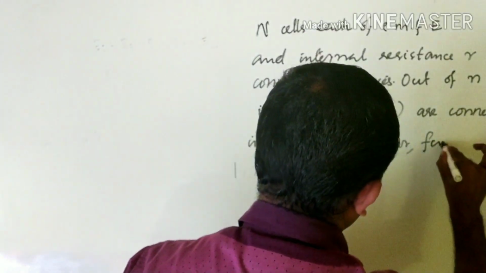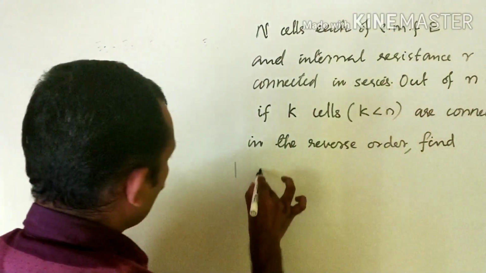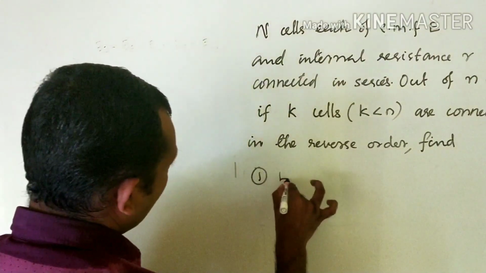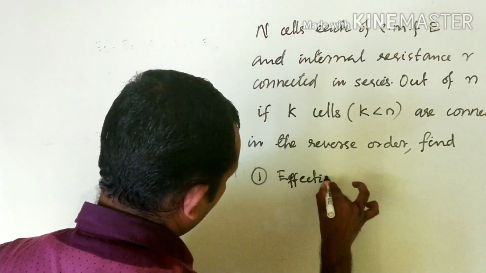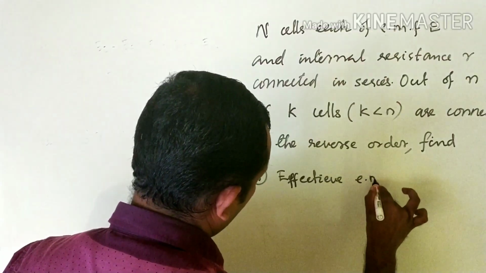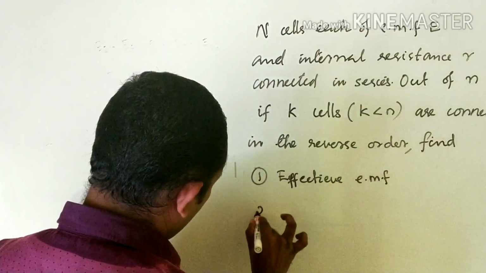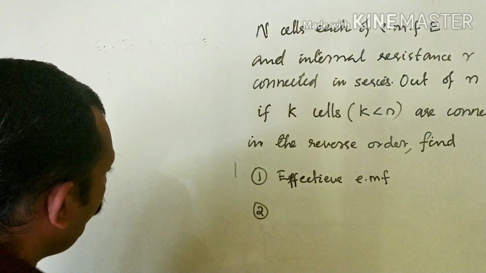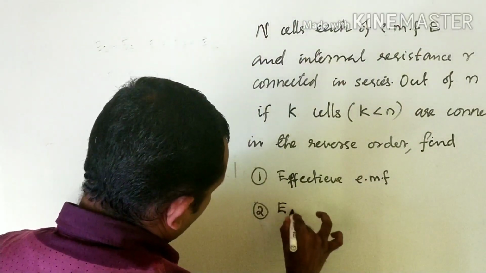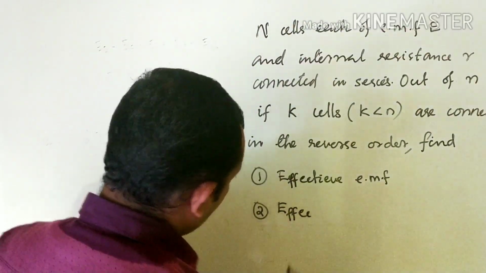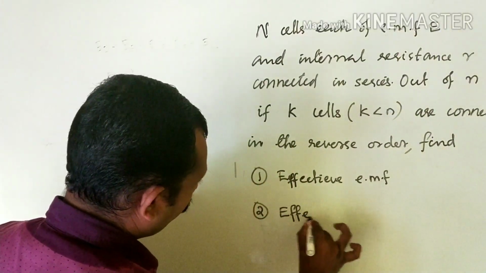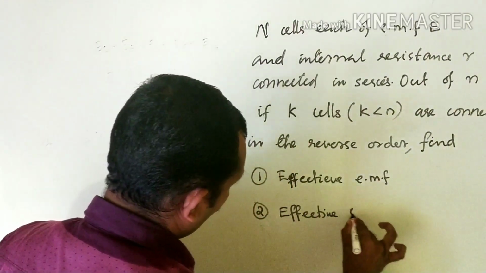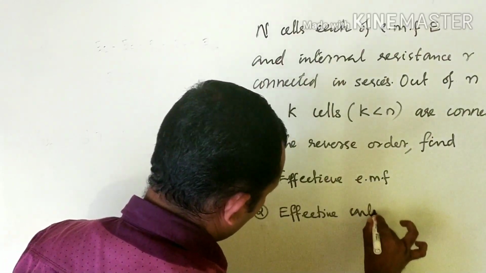find, first one, effective EMF. Second part, effective internal resistance.